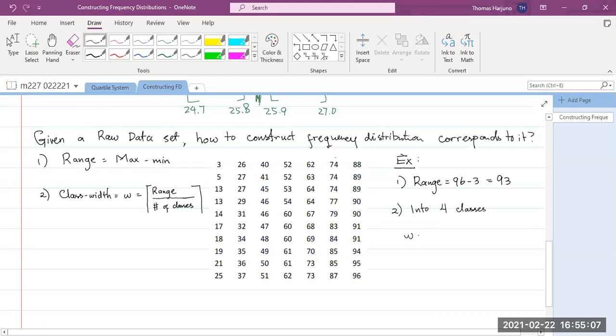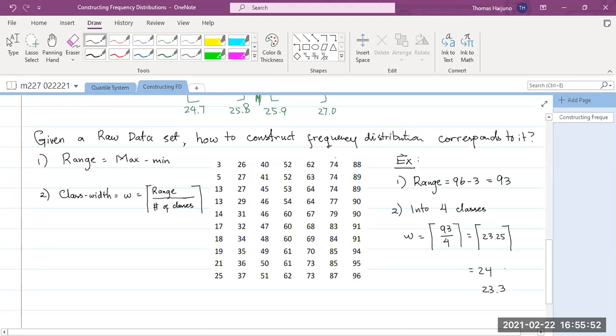The class width will be the ceiling of 93 divided by 4, which gives us 23.25. Then from there, you always round up, either to the next integer, which is 24, or to the next decimal place, which is 23.3.